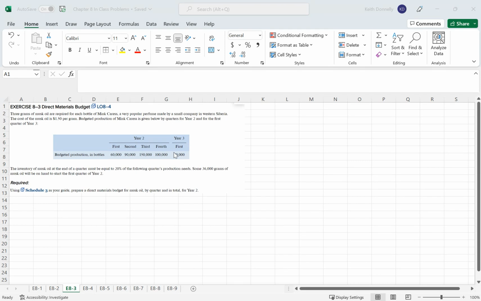Then it says the inventory of musk oil at the end of a quarter must be equal to 20% of the following quarter's production needs. Some 36,000 grams of musk oil will be on hand to start the first quarter of year 2. So what they want us to do here is, using Schedule 3, prepare a direct materials budget for musk oil by quarter and in total for year 2.